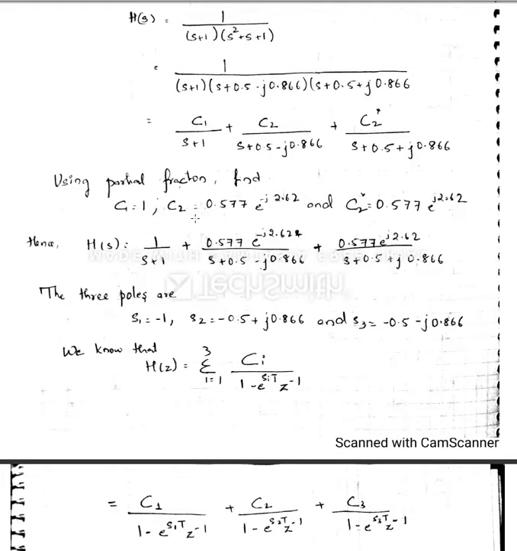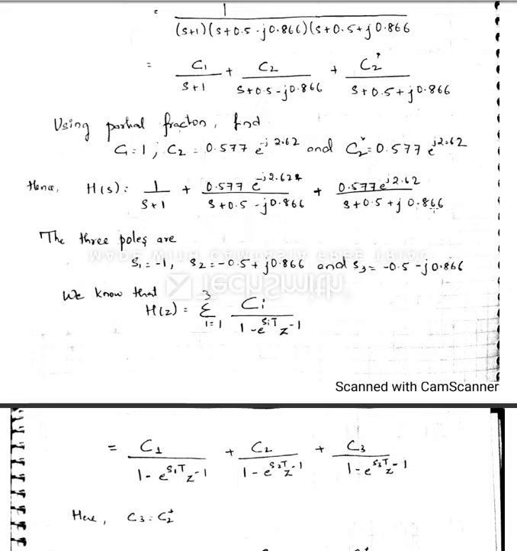This they have written in the polar form. So see here, they have obtained C2. So C3 is basically nothing but the conjugate. So it is e to the power minus j 2.62, here it is e to the power j 2.62. Now substitute this in the formula. So now your transfer function is changed to this with respect to the poles that you have calculated.